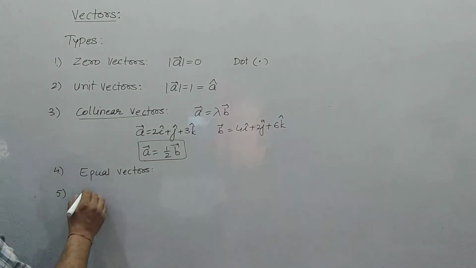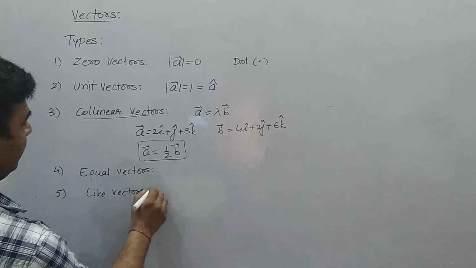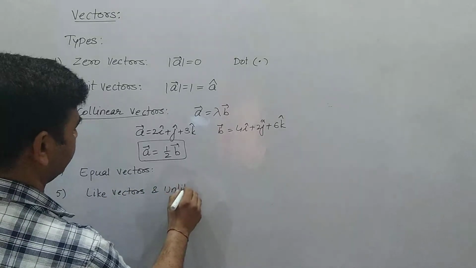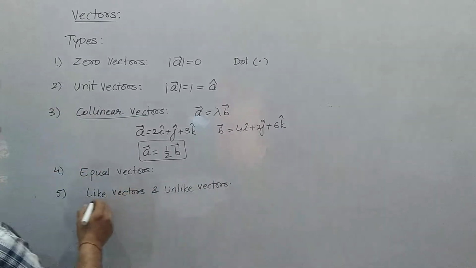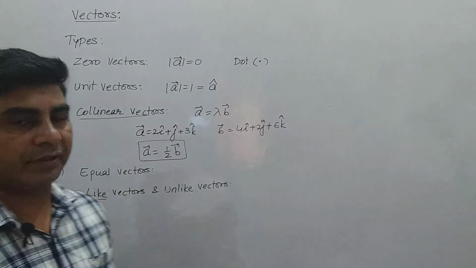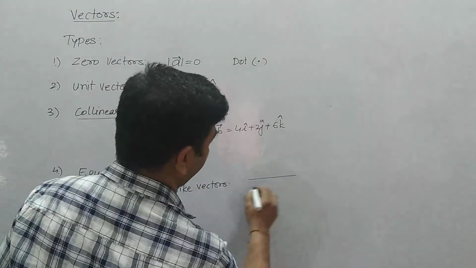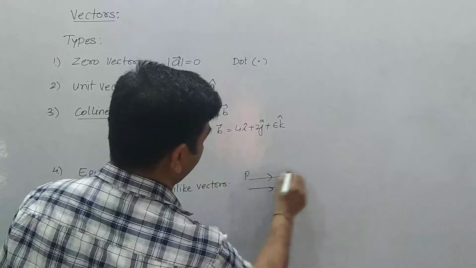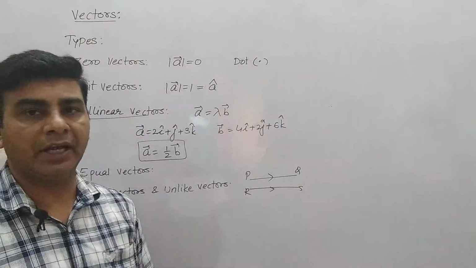Next is your like vectors and unlike vectors. Which are like vectors? The vectors which are in the same direction. If two vectors have the same direction like this, P, Q, R, S, both have the same direction, these are your like vectors.